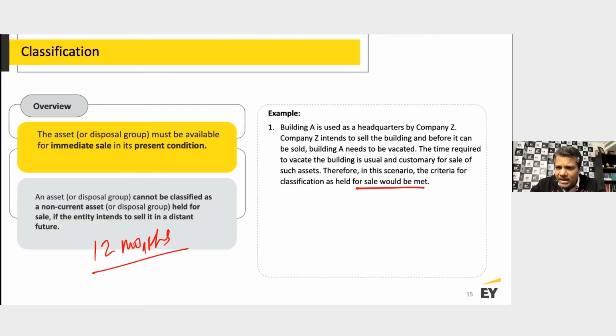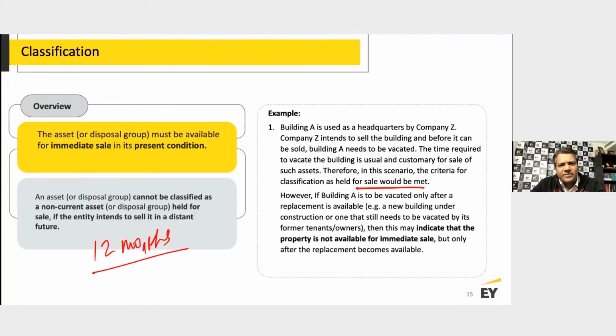If you intend to sell it, I need to vacate it, but there are no other conditions attached to my ability to vacate it. There's nothing important which I need this building for, and hence I can exit this building as and when I have a buyer and I'm actively looking for a buyer, and I believe that the sale is highly probable. So the classification as held for sale would be met.